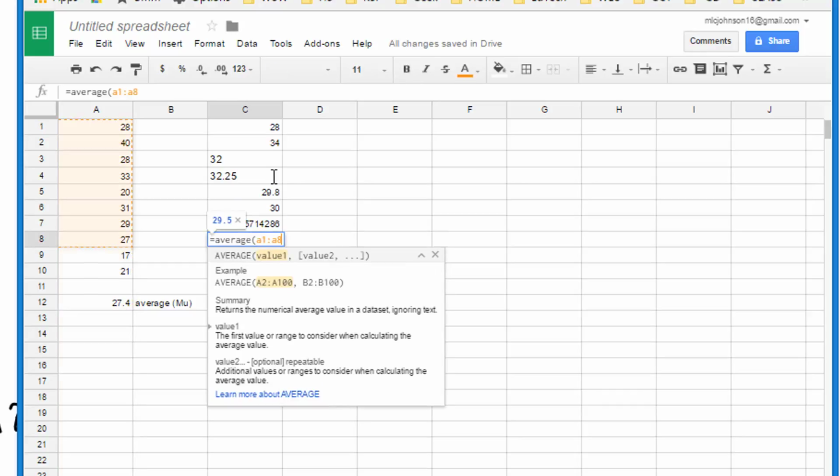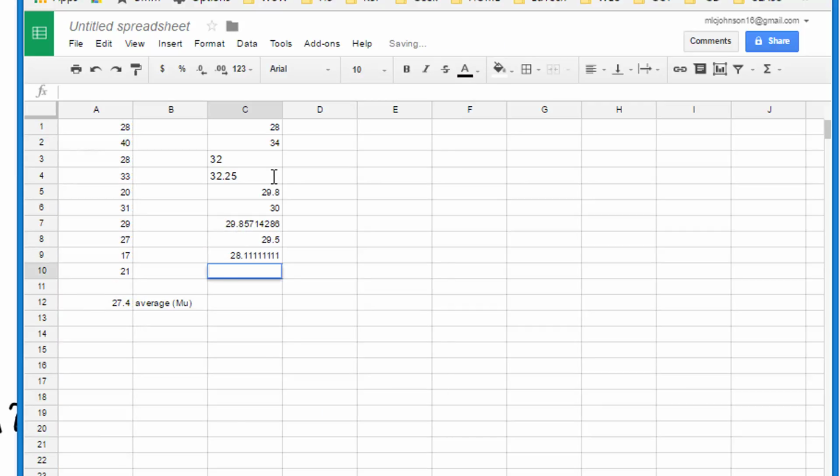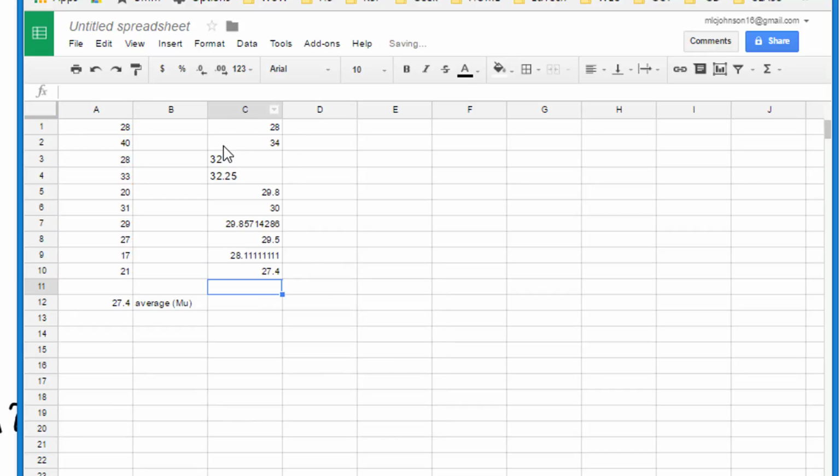I'm basically going through here, and if you take a look, I did the average of the first number, the average of the first two numbers, the average of the first three, the first four, the first five, the first 6, 7, 8, 9, 10, until I got down to the average of all 10. You'll notice as I got there, it's 27.4.